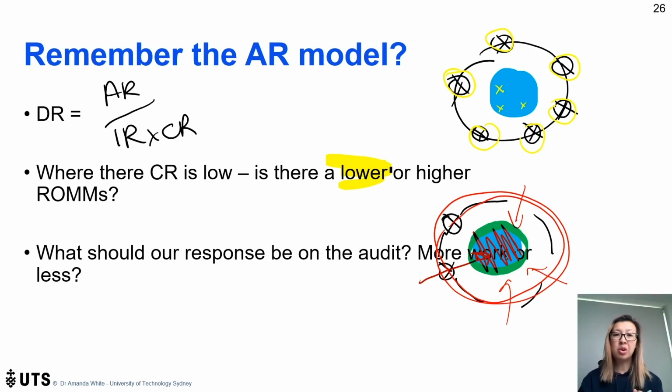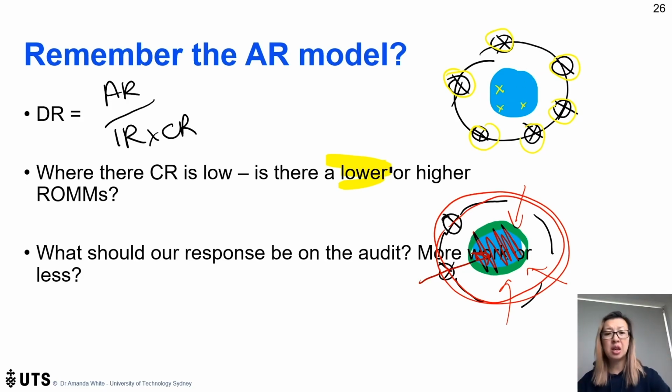And that approach we call a substantive approach. The approach where I focus on testing my internal controls is called a control-based approach. So you're either testing lots of detailed transactions because your control system is weak, or you're going to focus on testing the internal controls and only a little bit on testing your accounting information.